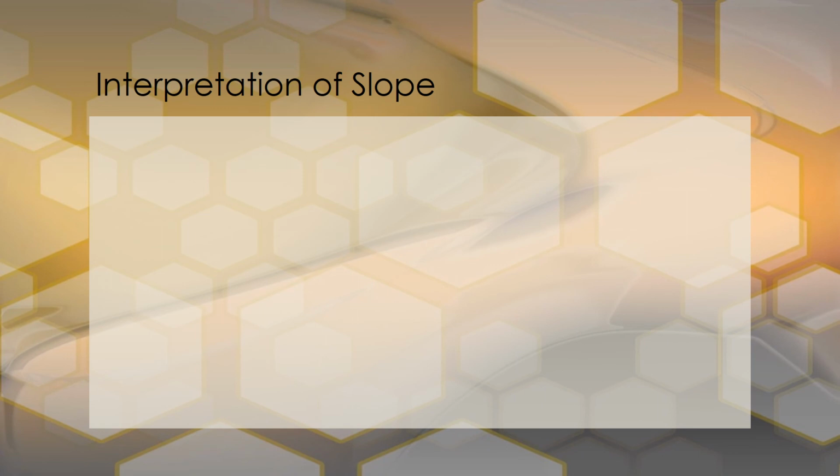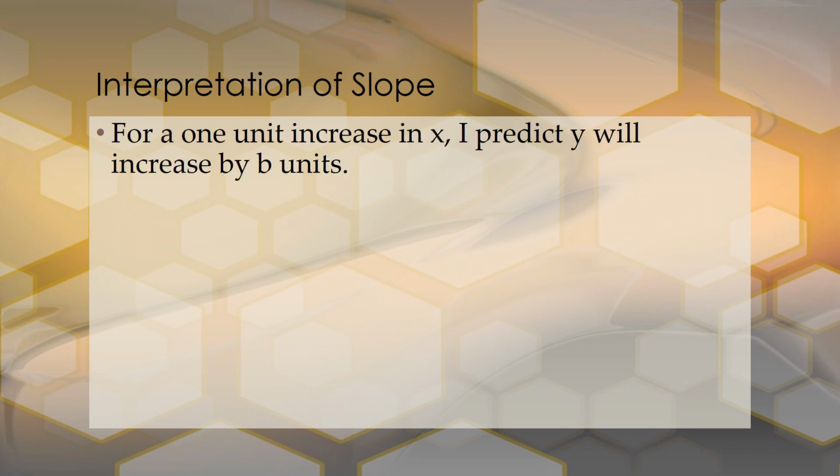So once you calculate the slope, it would help if you could interpret it. There wouldn't be a reason to calculate it if we couldn't interpret it. Now I'm going to give you a generic sentence here. This is the sentence that you can base all your interpretations on. You take this sentence and tweak it for your specific problem.